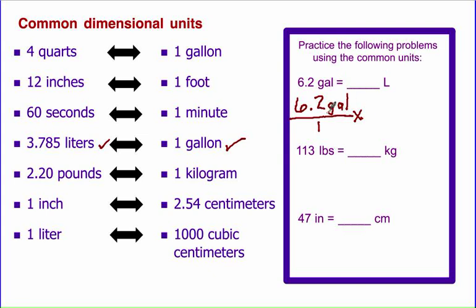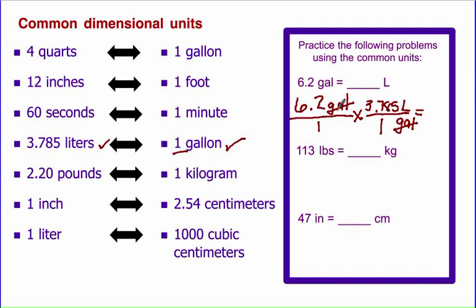So to get rid of gallons, I need to have gallons on the bottom. Alright, so that's 1 gallon, so I'm going to put 1 here. And it's equal to 3.785 liters, so I'm going to put 3.785 liters on top. So now gallons cancels out.